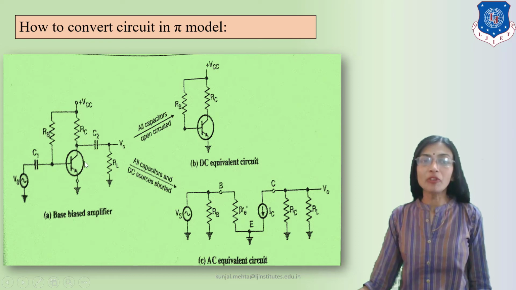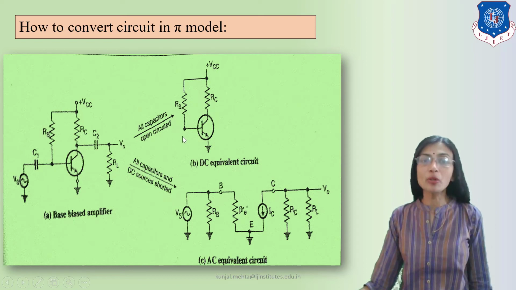That means in the first step, converting this circuit to this circuit, we will have this type of model with the BJT symbol, RB, RC and plus VCC. Now, in the next step, all capacitors and DC sources are shorted. Then we will have the AC equivalent circuit.